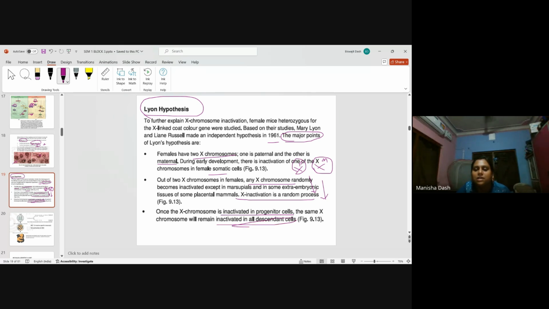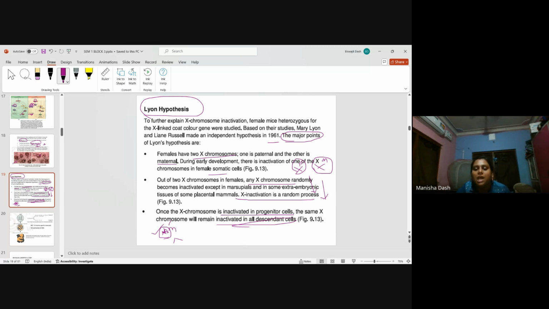This is important to remember. For example, if this is the cell where the paternal chromosome is inactivated, which X is active here? The maternal. So all daughter cells produced from this will have the silenced paternal chromosome and the active maternal chromosome.